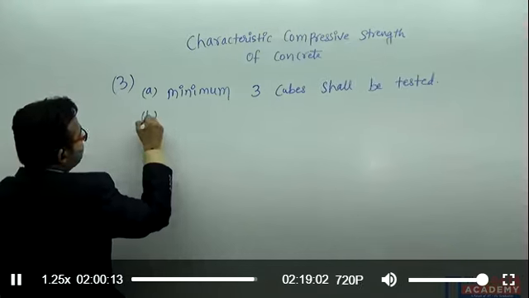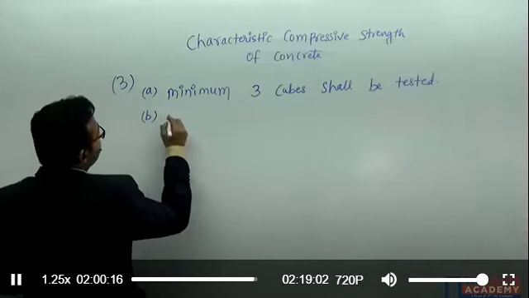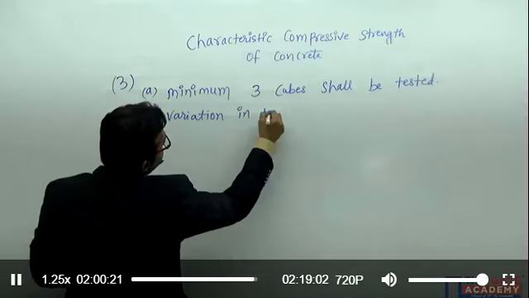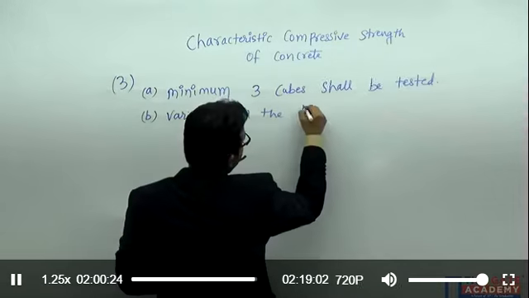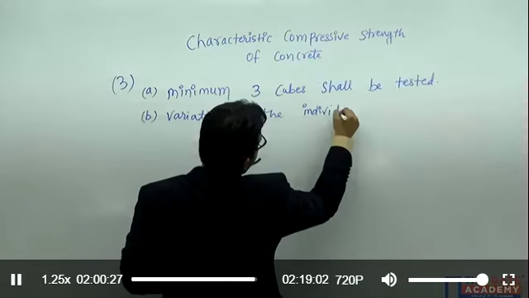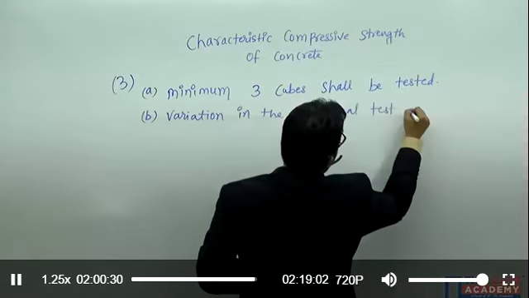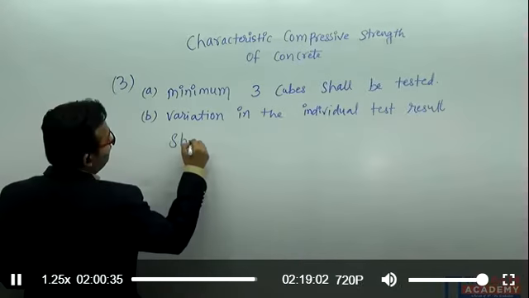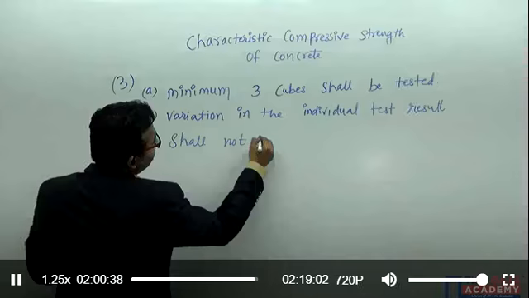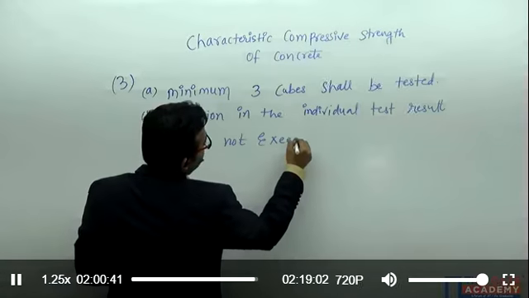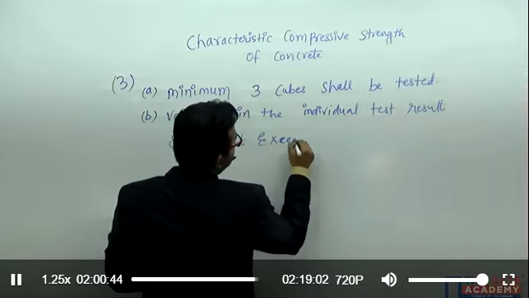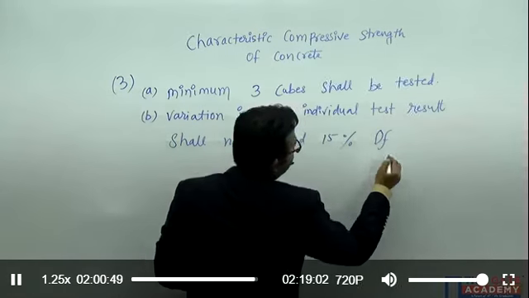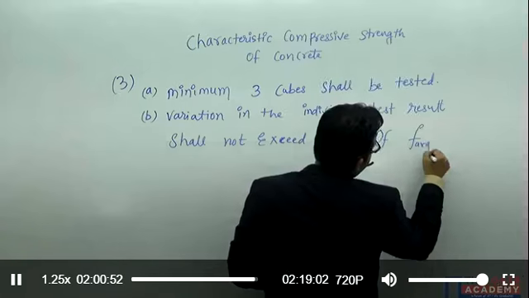And the second statement is: variation in the individual test result shall not exceed 15% of F average.